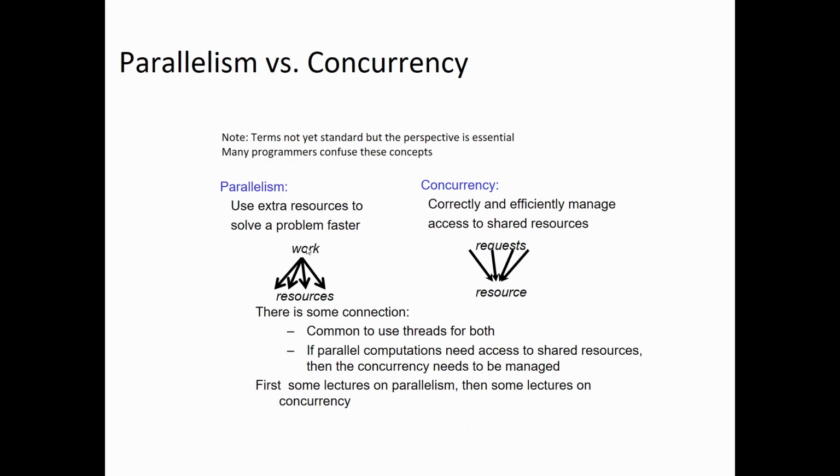So we are dividing the task into smaller tasks, and we are trying to run them in parallel. Okay, and the second problem, totally different, is the problem of correctly and efficiently managing access to shared resources.